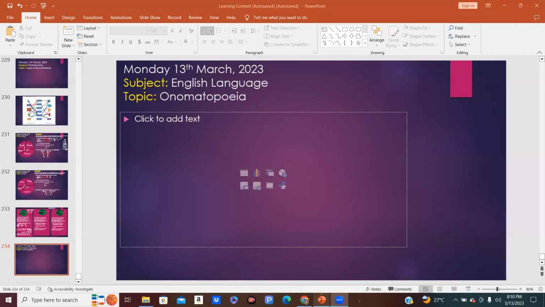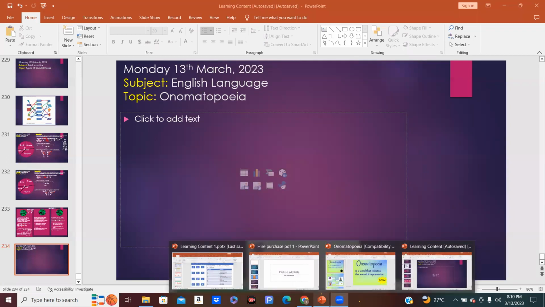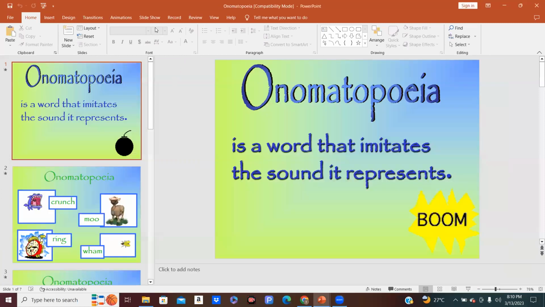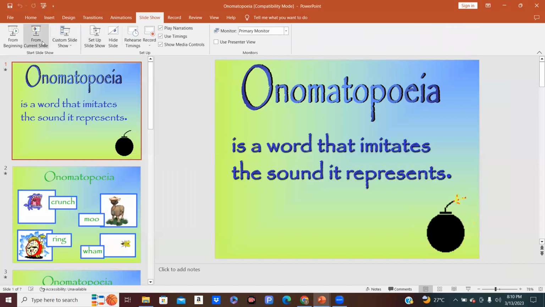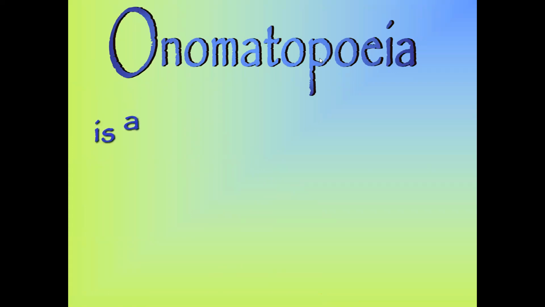Okay, so let's begin with onomatopoeia. So basically, start with this. This is the definition. Okay, I think this is too dramatic at this point. Let me take this off. Stop sharing.